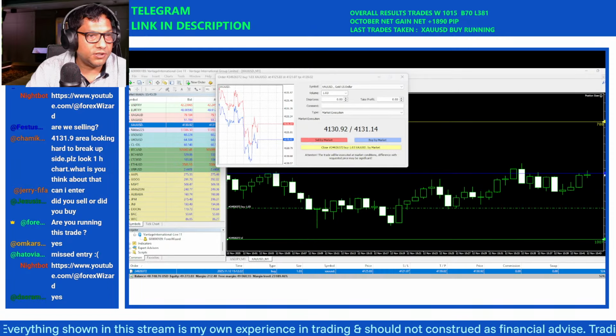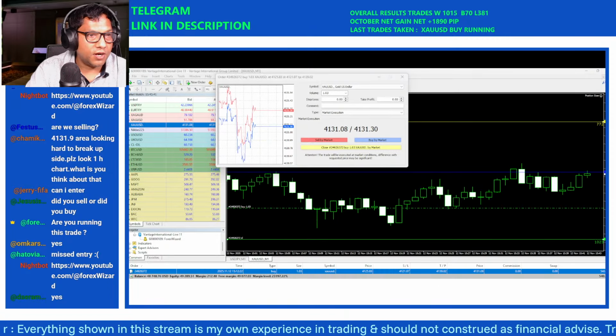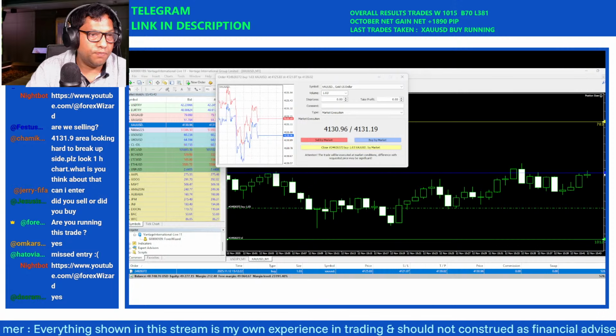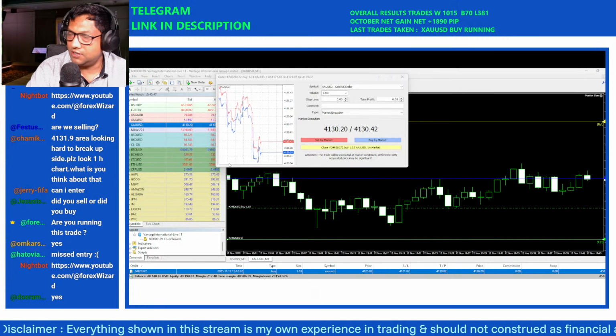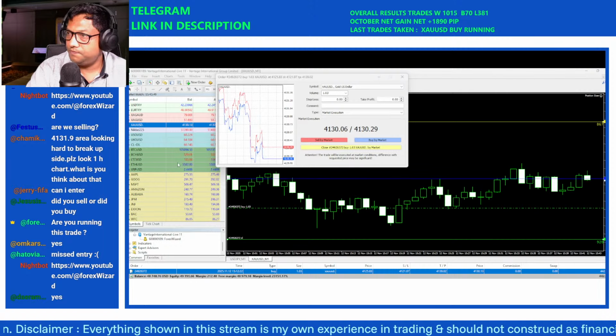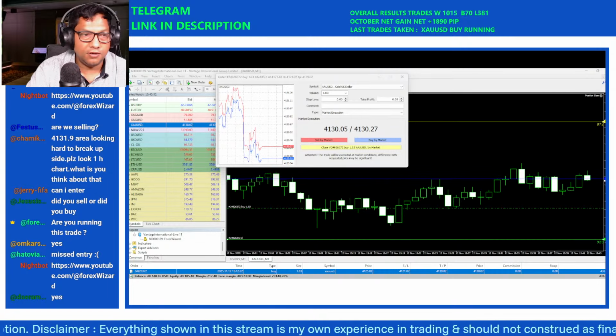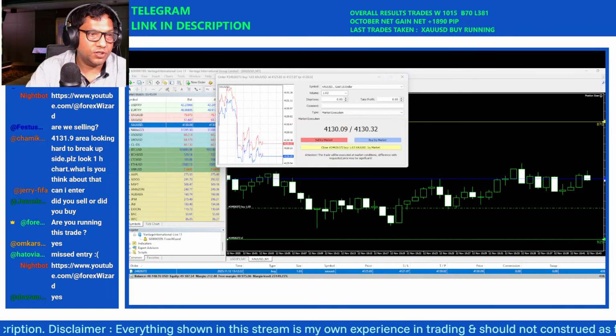All right, so here is the market structure forming, potentially showing up, but if it gets rejected from this higher price here, then most likely you could see a different direction.